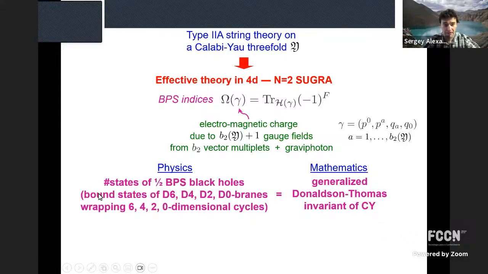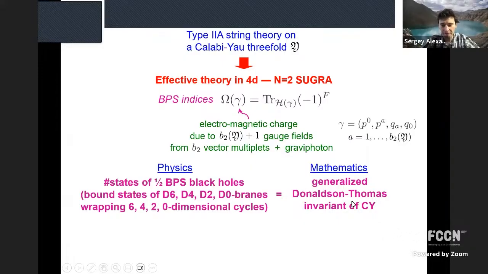And at the microscopic level, the same black holes can be interpreted as bound states of D6, D4, D2, D0 branes, wrapping respectively 6, 4, 2, and 0-dimensional cycles on the Calabi-Yau threefold. And what's nice is that these charge components precisely correspond to these D-brane charges. So p0 is D6 brane charge, for example, q_a is D2 brane charge, and so on.